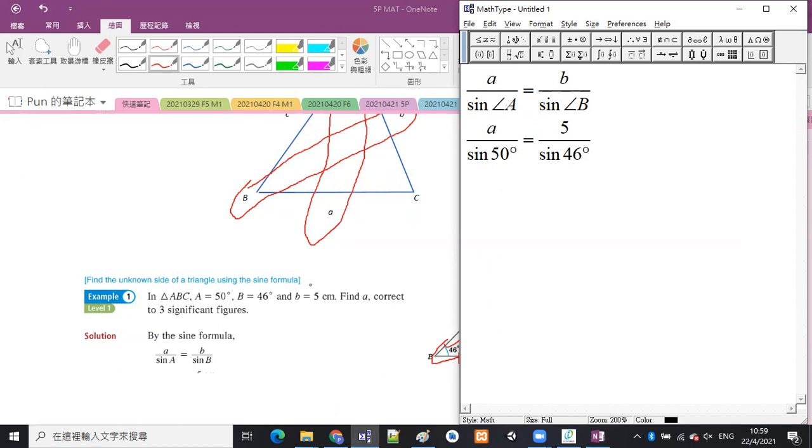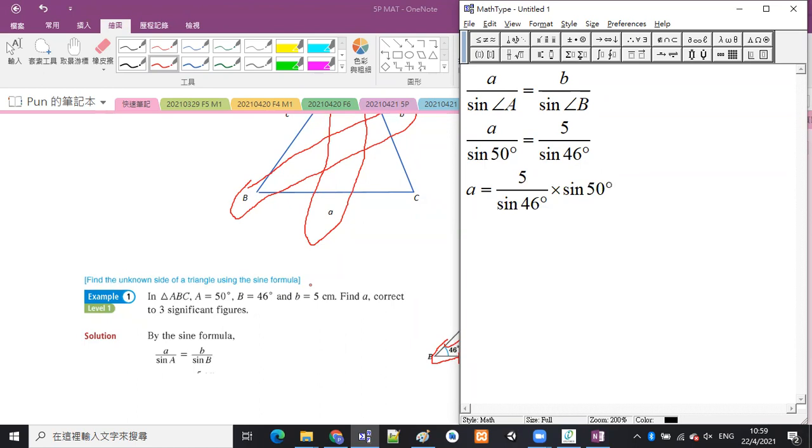Now, A is divided by sine 50 degrees, so we just need to multiply by sine 50 degrees on the right-hand side. The right-hand side is already a pure number, so you use the calculator. So A is equal to 5 over sine 46 degrees times sine 50 degrees.